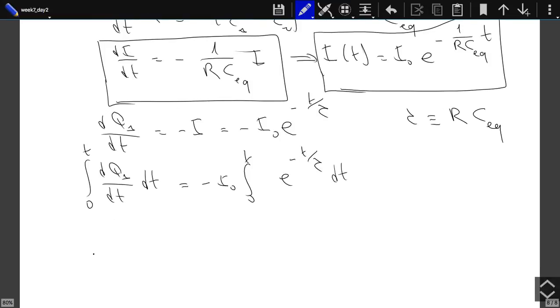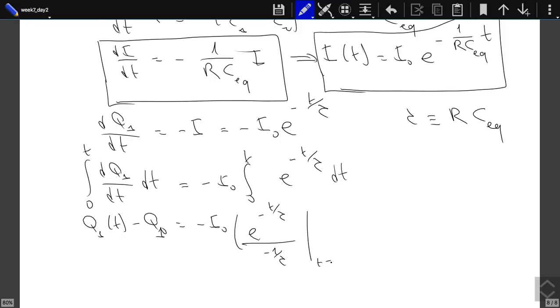So the left-hand side is just Q1 of t minus Q1,0. Now this subindex 0 I just always use to denote the corresponding quantity at t equal to 0. This should be equal to minus I0 times e to the power minus t over tau divided by minus 1 over tau, evaluated from t equals 0 up to some final time t.